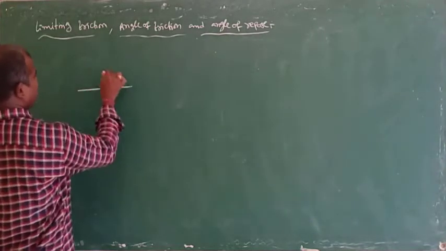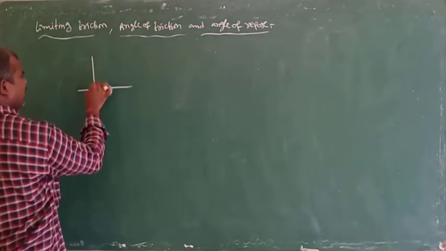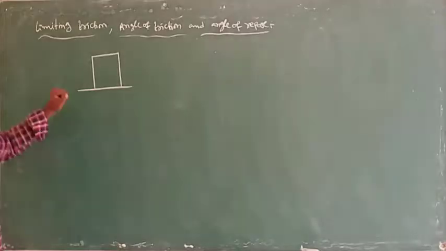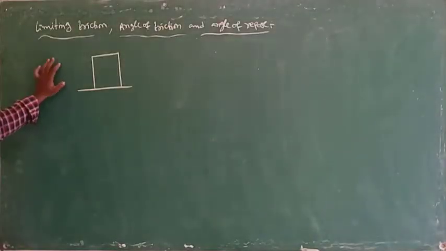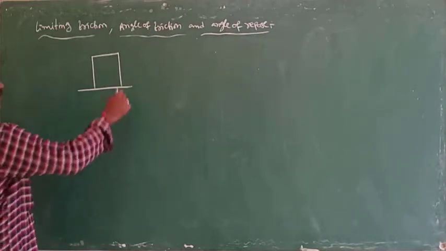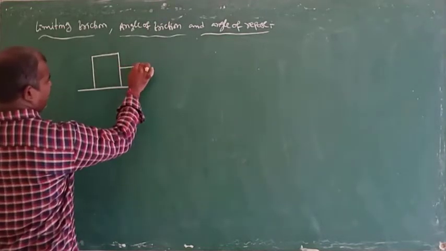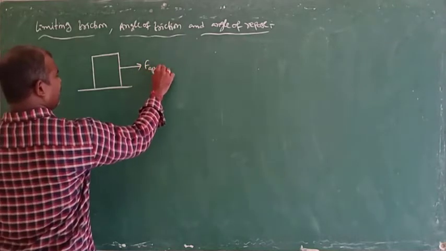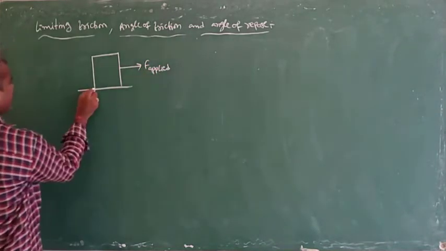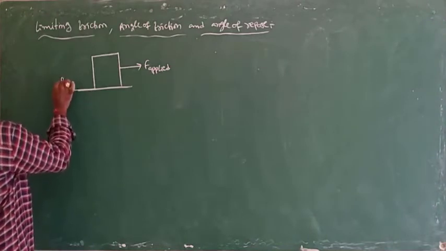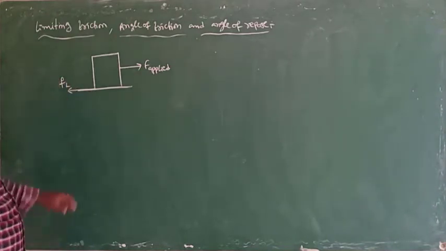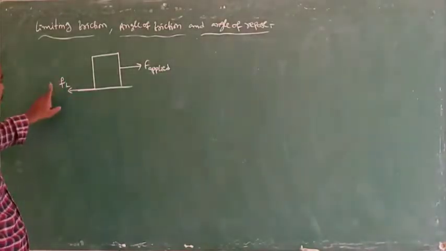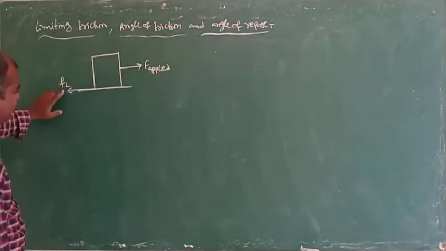When an object is placed on a rough horizontal surface, the force is applied, means F applied. Then this is force of limiting. When F applied is maximum, then F applied is equal to force of limiting.